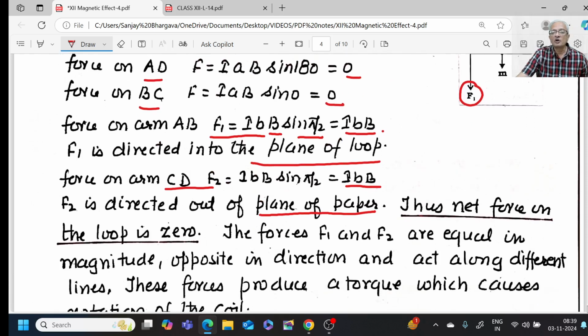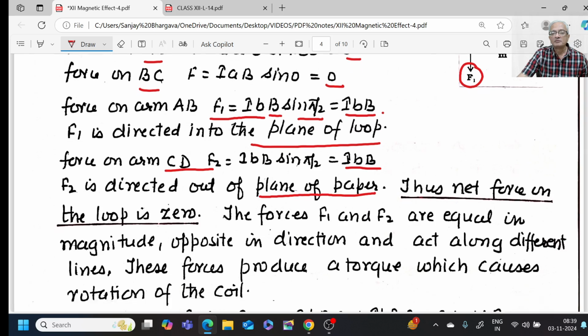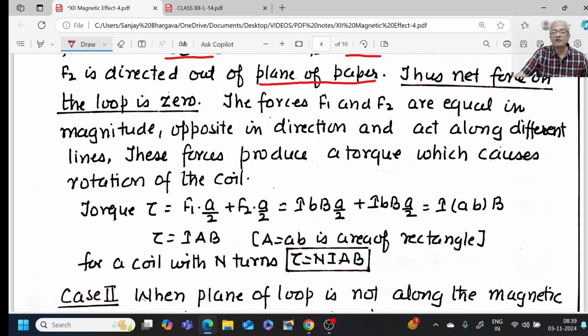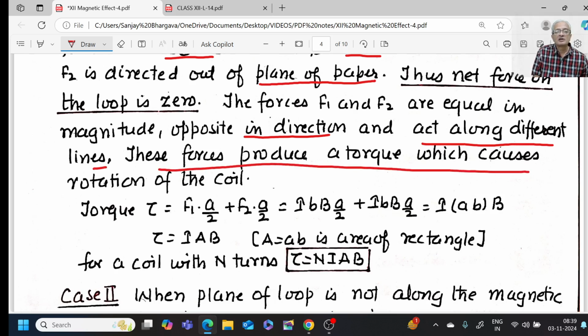The net force on the loop is 0, but the two forces F1 and F2 are equal in magnitude, opposite in direction, and act along different lines. These forces produce a torque which causes rotation of the coil. How do I calculate the torque? As the product of force and the distance between the direction of the force and the axis of rotation.